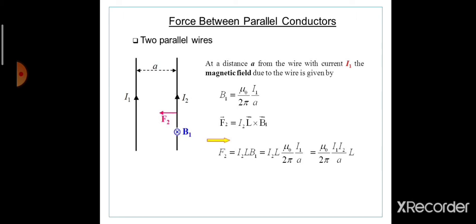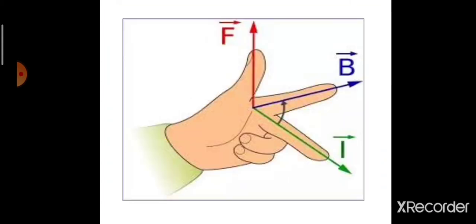Substituting for B1 from the above equation, we get F2 = I2 L into mu 0 I1 by 2 pi A, which can be written as mu 0 by 2 pi I1 I2 into L by A. The direction of force can be got from Fleming's left-hand rule.